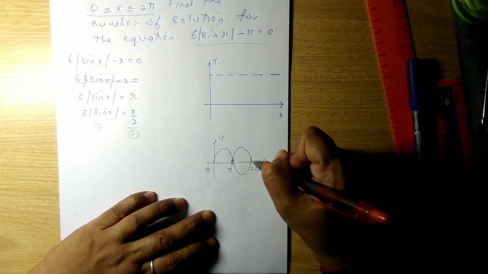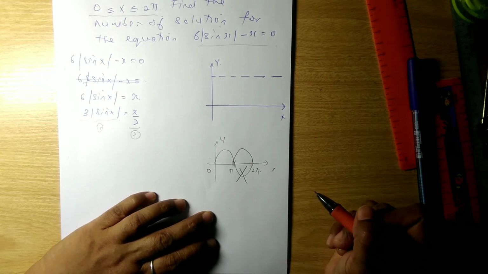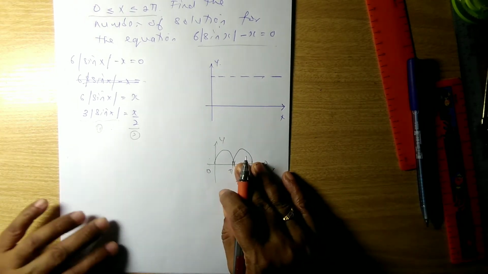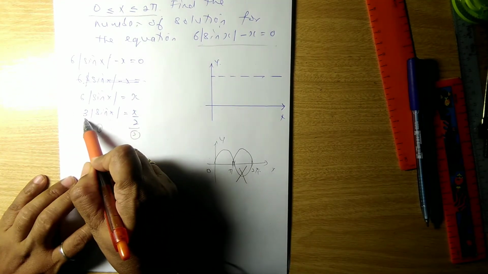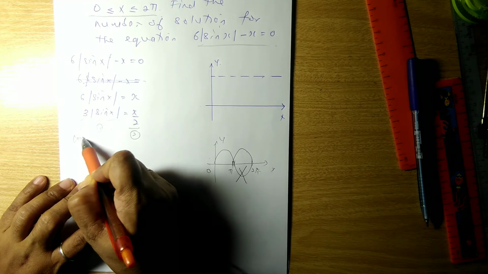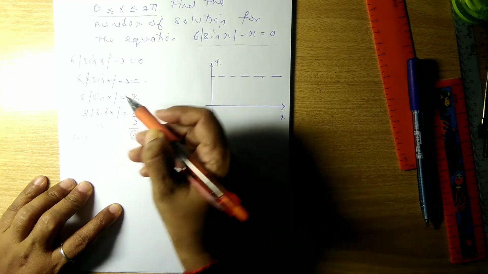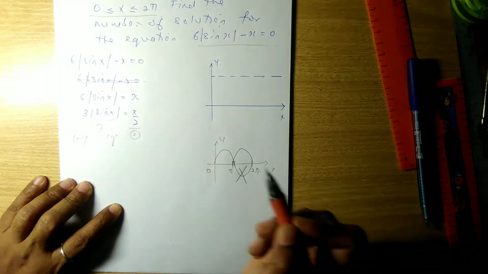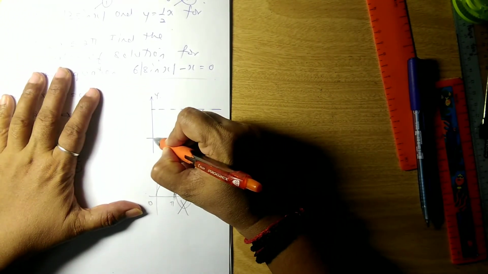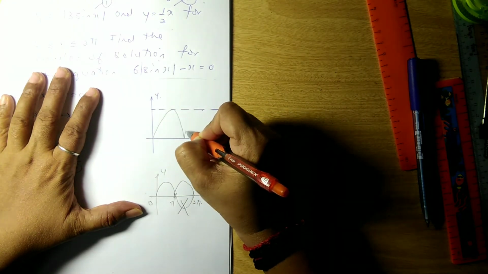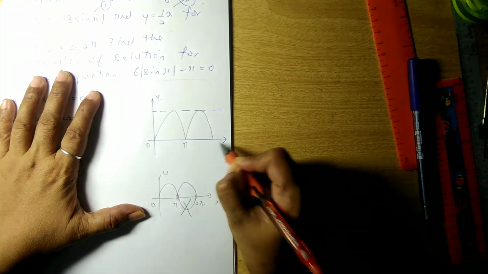We check my amplitude, and the cycle: the coefficient of x is 1, so it's only one cycle. So the graph is going to be something like this. That's pi, 0, and this is 2 pi.